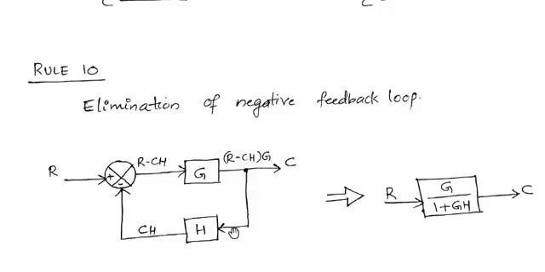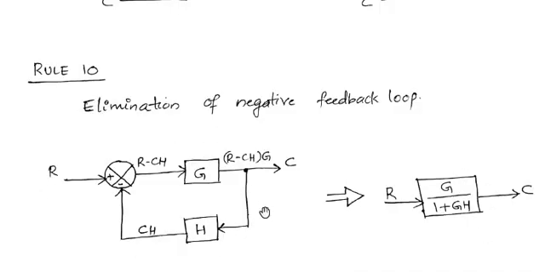From the output we are taking the signal and it's moving to the input side. So this can be considered as a feedback, right? So if you are having a system like this, it can be reduced to a single block.